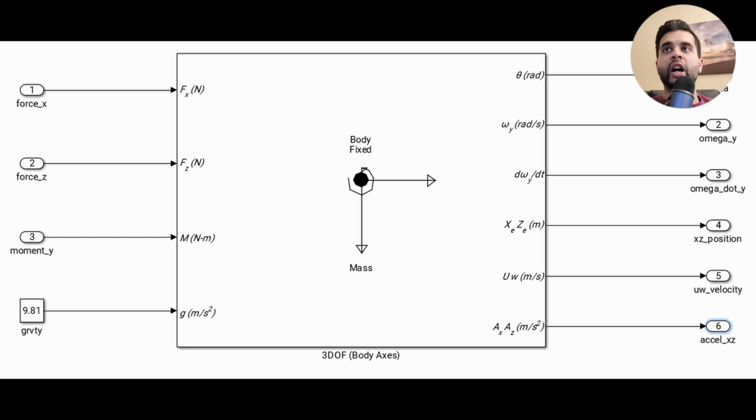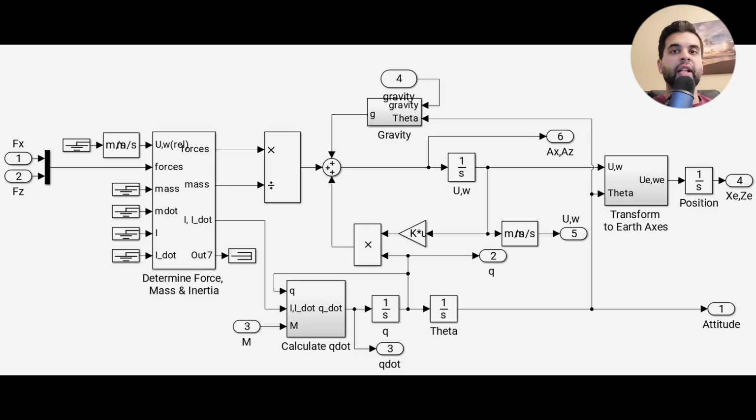I also have my outputs here, which are the pitch angle, my angular velocity, the angular acceleration, the position in xz, my velocity in forward and down, along with my accelerations too. So we can see that this is very typical for a 3DOF simulation. When I expand the file, we can see the exact calculations here.